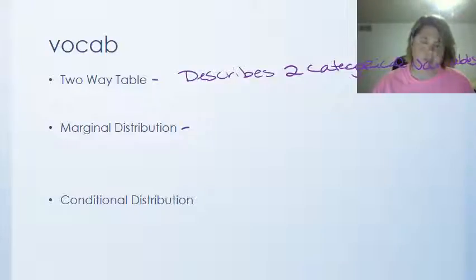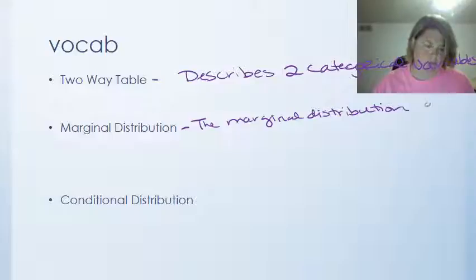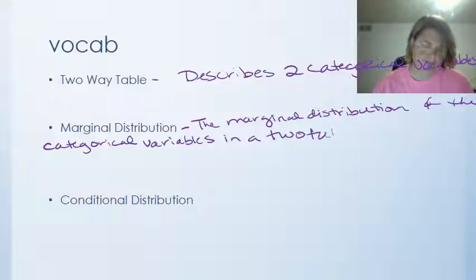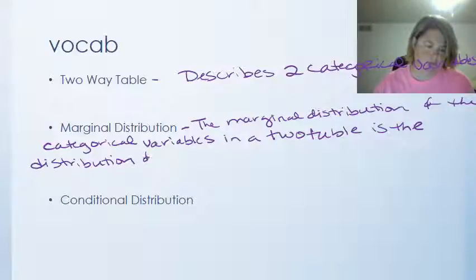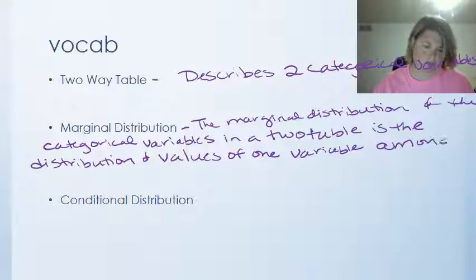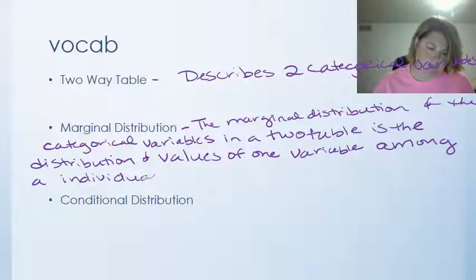And then a marginal distribution of the categorical variables in a two-way table is the distribution of values of one variable among an individual described by the table.